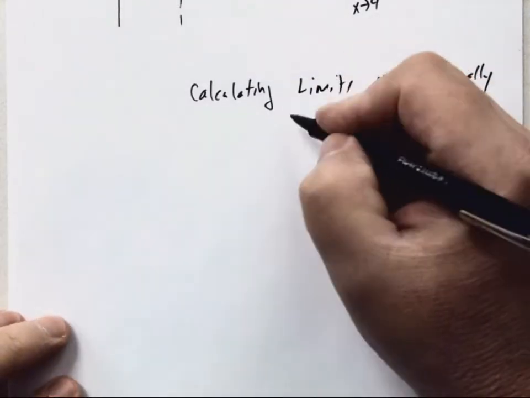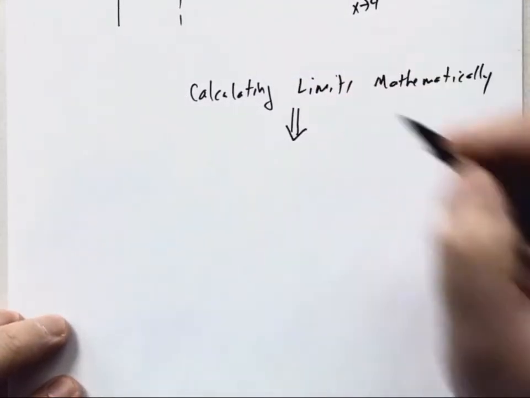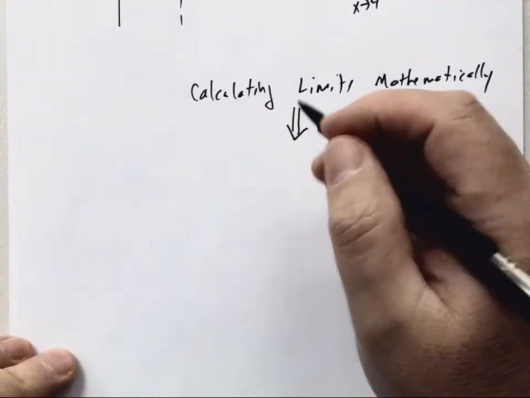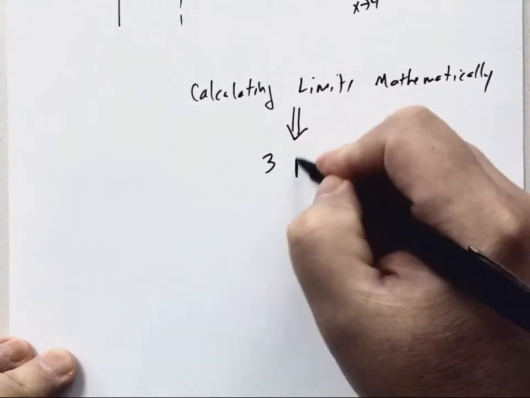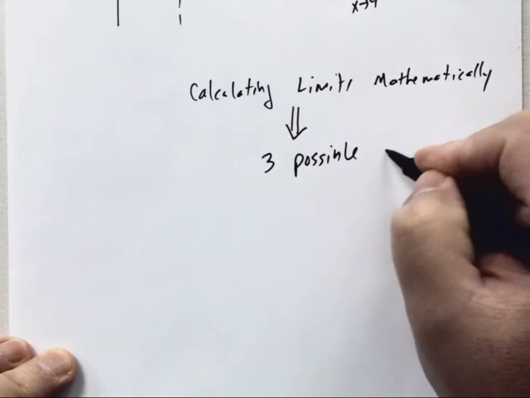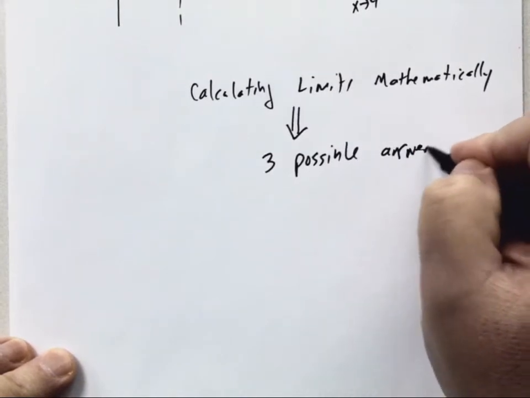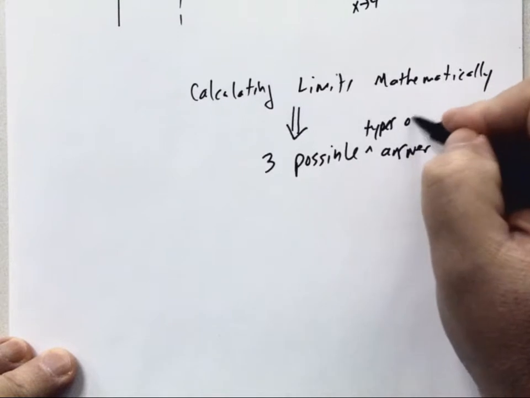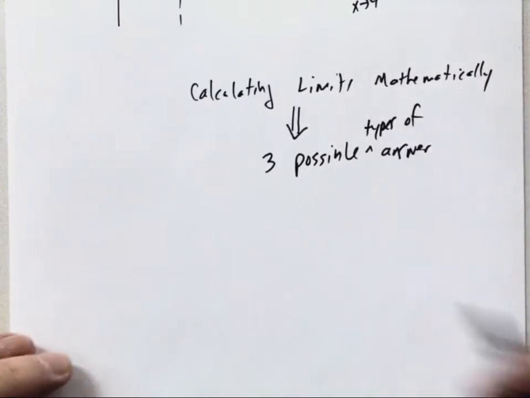Now here's the key. No matter which kind of function you're given, there's going to be only 3 types of answers.